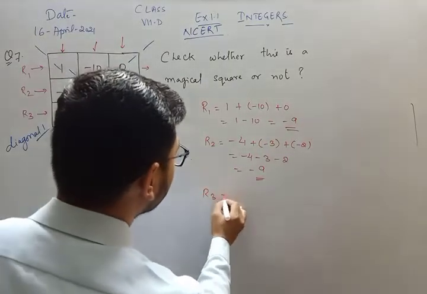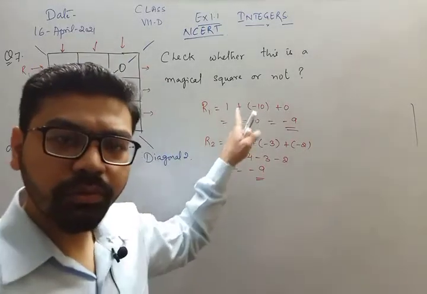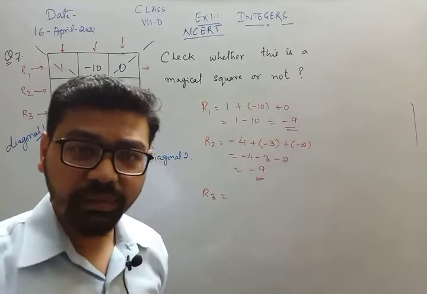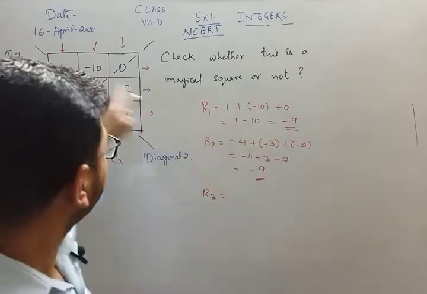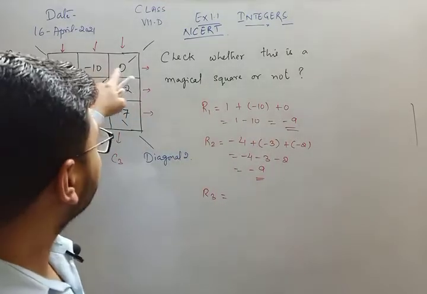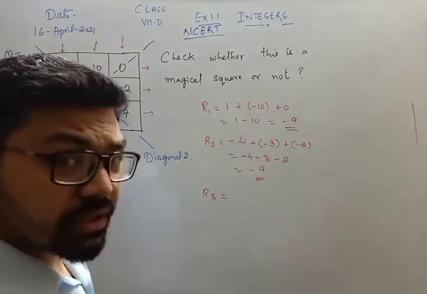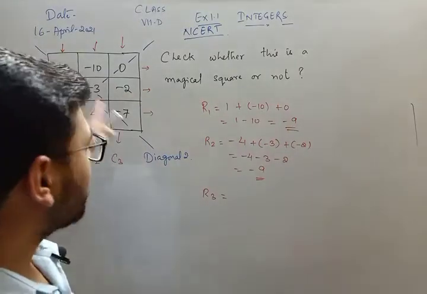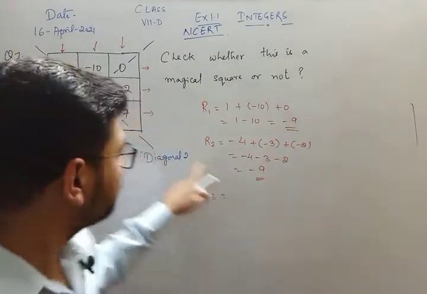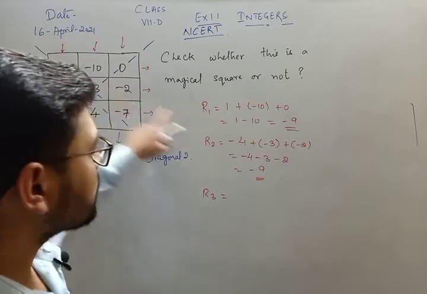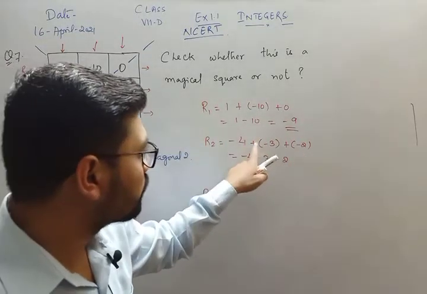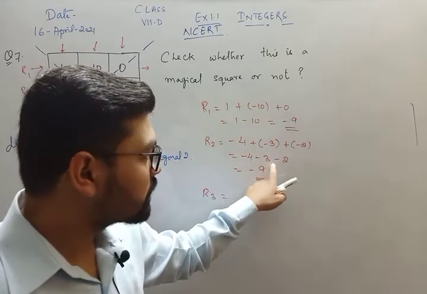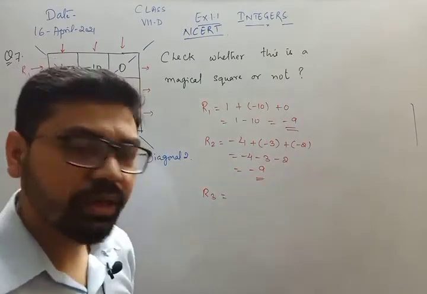Similarly, R3. I think there is no problem in adding these elements. This is just simple addition. R1 is 1 plus minus 10 plus 0, and the summation is minus 9. Similarly, when I add all the elements given in row 2, minus 4 plus minus 3 plus minus 2, I get minus 9.